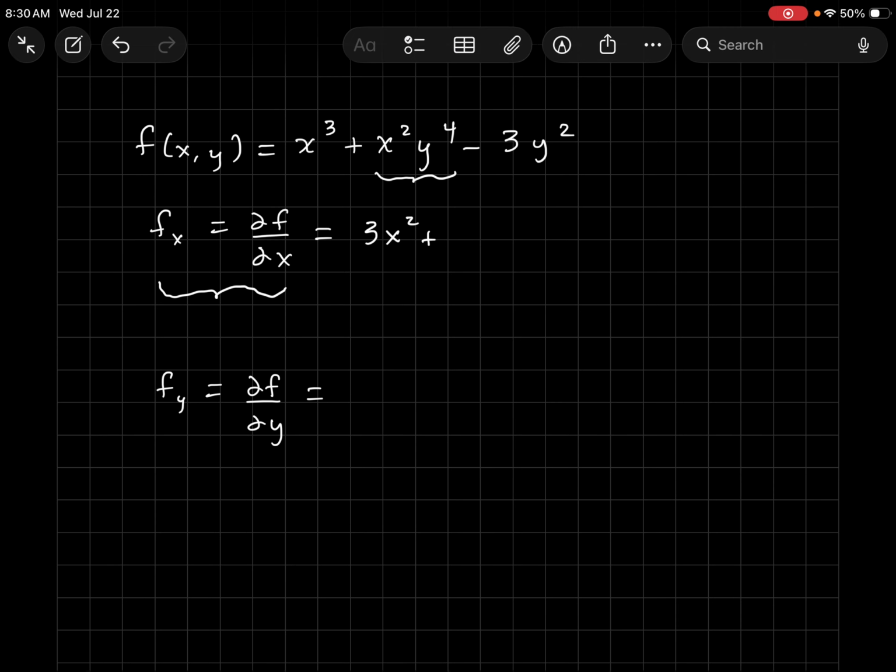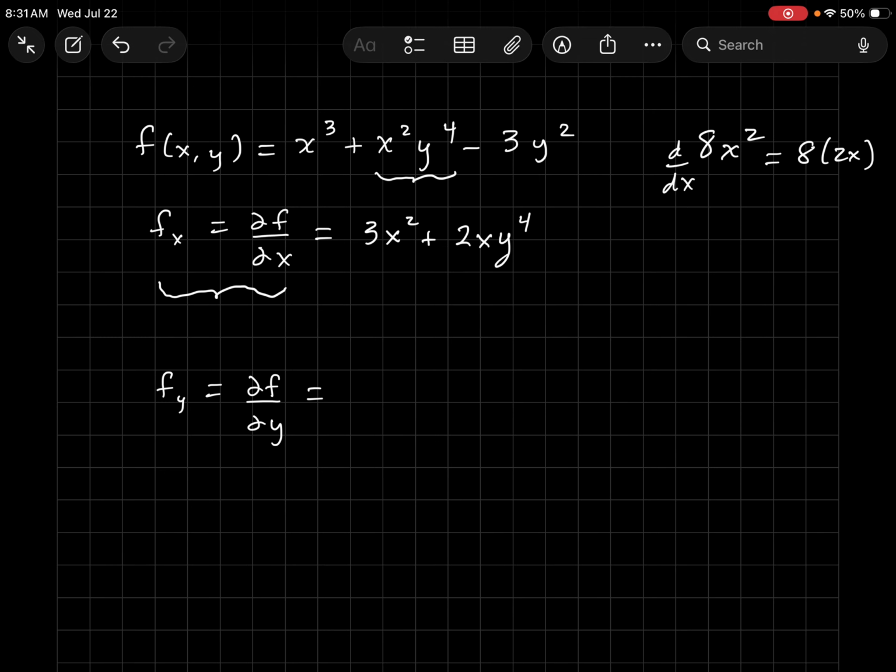We would handle the derivative of x squared times y to the fourth in the same fashion that we would handle 8 times x squared, which is we ignore the constant and just multiply by the derivative of the x part. Well, same thing here. The derivative of x squared y to the fourth, partial with respect to x, is 2x times y to the fourth. And then the derivative of negative 3y squared is 0 because there are no x's in it.